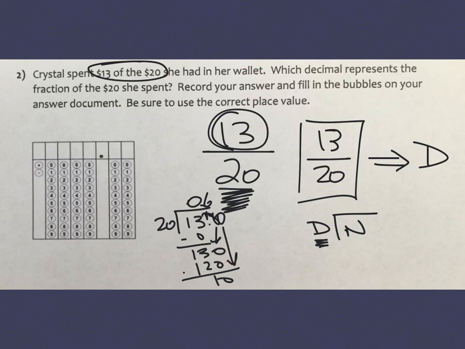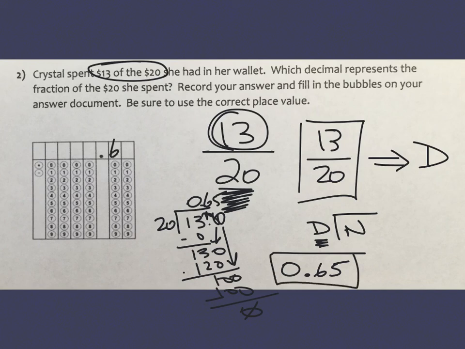We keep adding zeros until we no longer have a remainder. And in fact, at this point, we're done. The decimal is 0.65, 65 hundredths, which I place carefully in the correct place values, and then I shade in the appropriate bubbles.